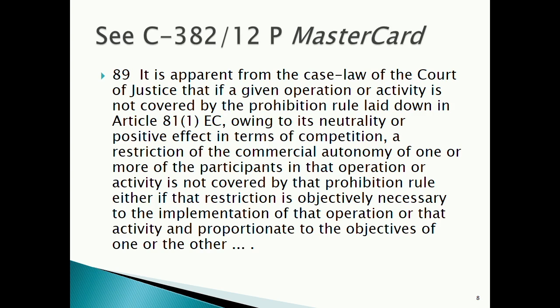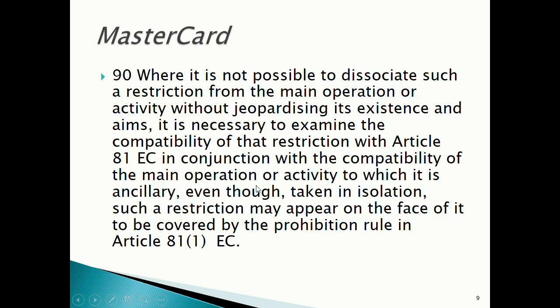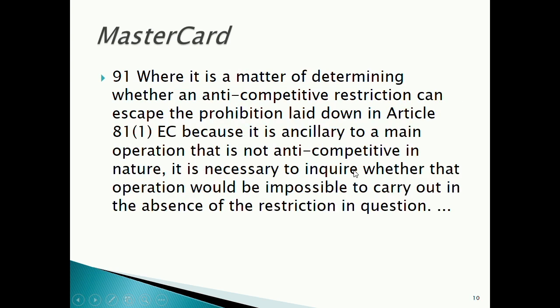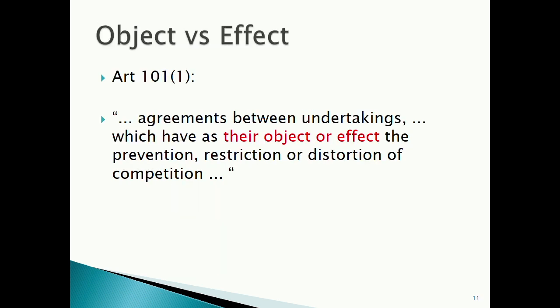Proportionality is often measured by the terms of national law on point, as you get in contractual restraints, so that would be up to a national judge to look at. And again, see other paragraphs in MasterCard. The key is whether the main contract would in effect go through or be acceptable in the absence of the ancillary restraint. Now, that's the doctrine of ancillary restraints.